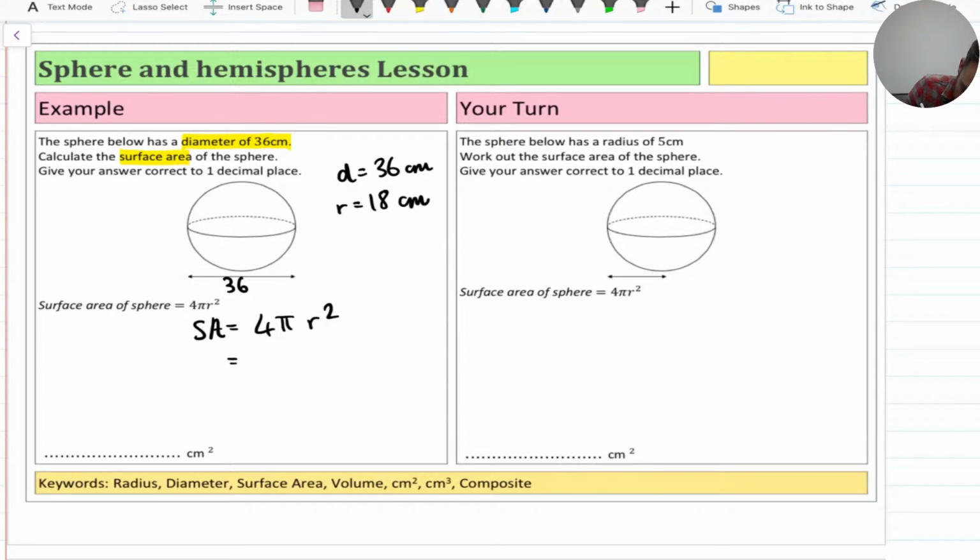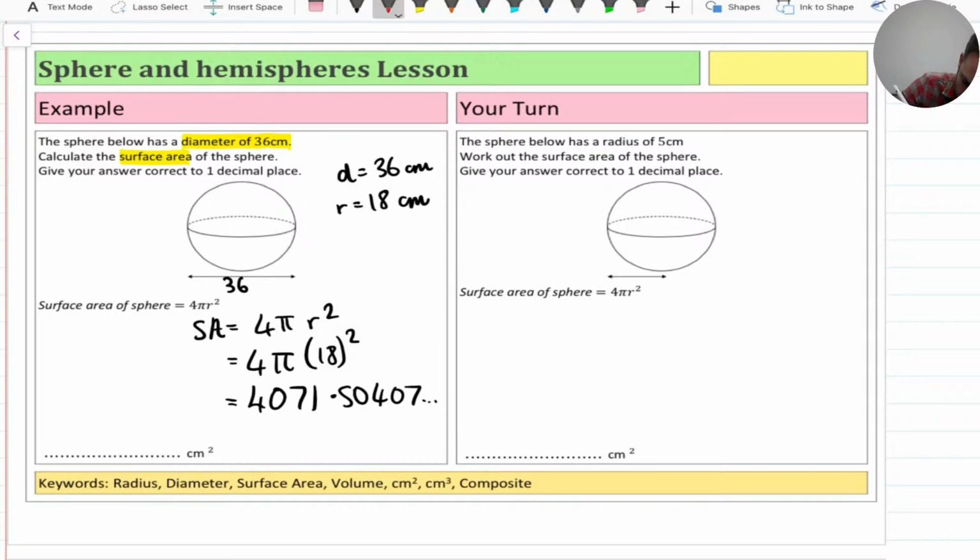So this is equal to 4 times by pi times by 18 squared, which is equal to 18 squared times by 4 times by pi, which is in this case equal to 4071.50407, continuing on.